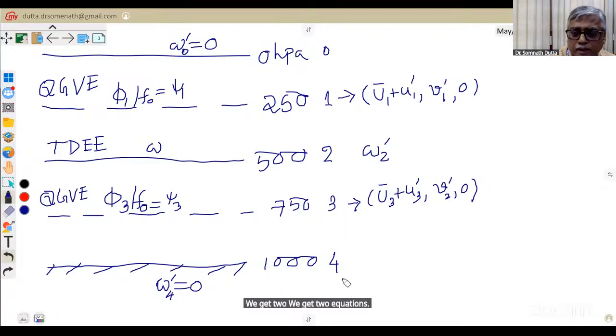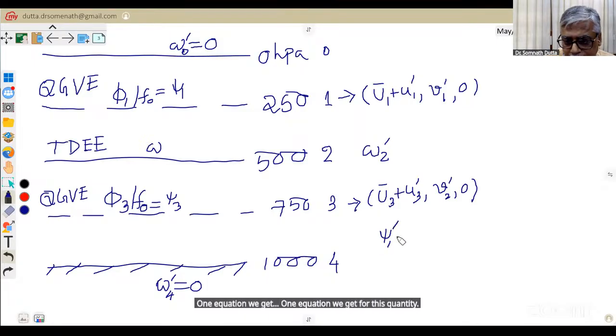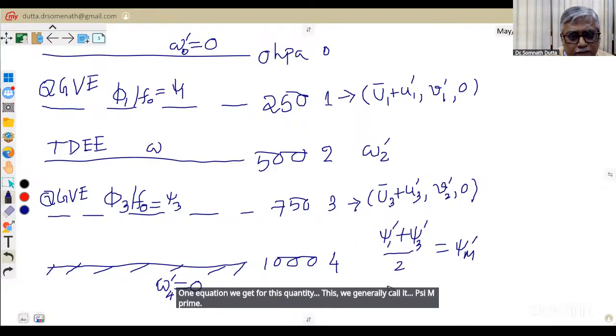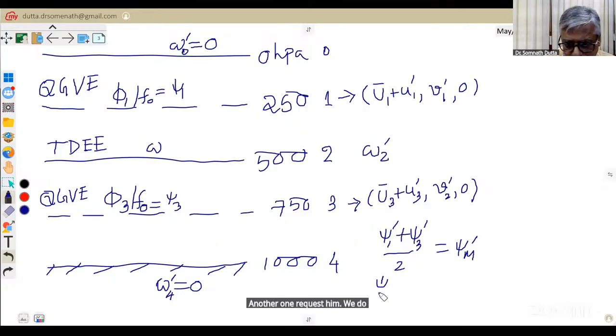One equation we get for this quantity, which we generally call psi m prime, and another equation for psi 1 prime minus psi 3 prime by 2, that is psi t prime.